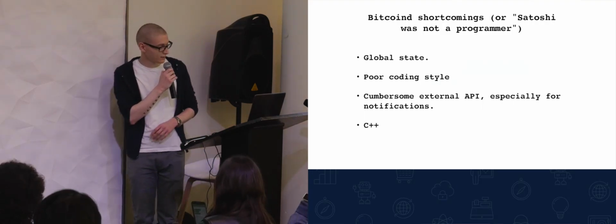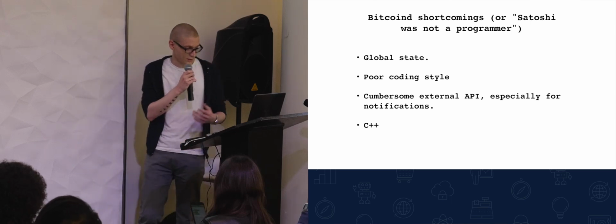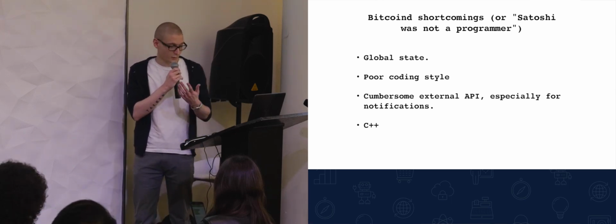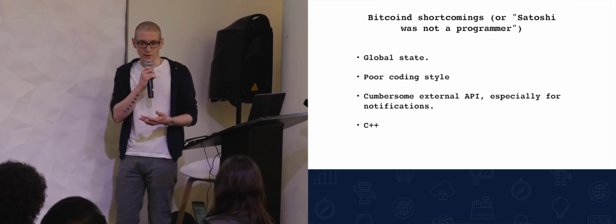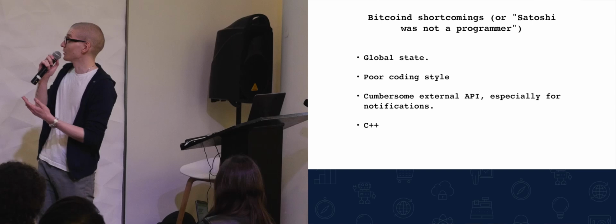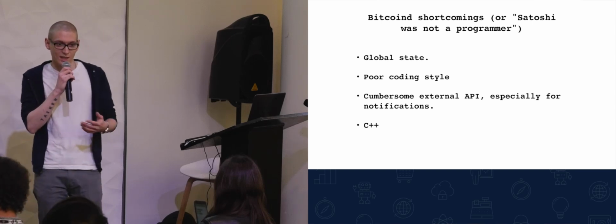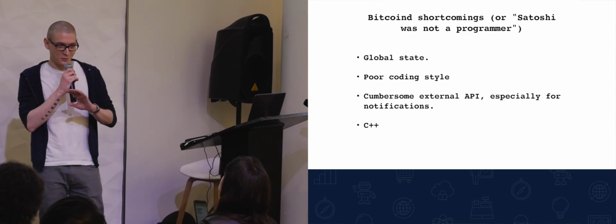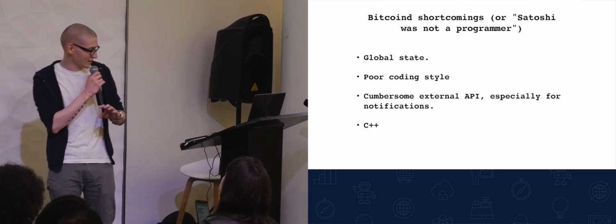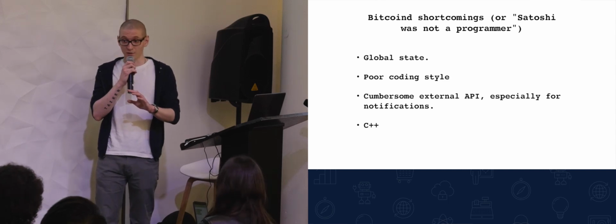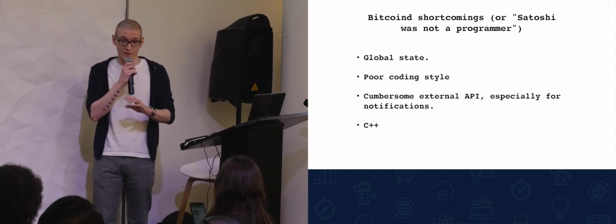So here's basically a list of the bitcoind shortcomings. So global state, went over that. Very poor coding style. It's already C++, right? But on top of that, you have extremely weird code, and it's not very readable, and it's especially not readable to beginners who want to try to understand Bitcoin.